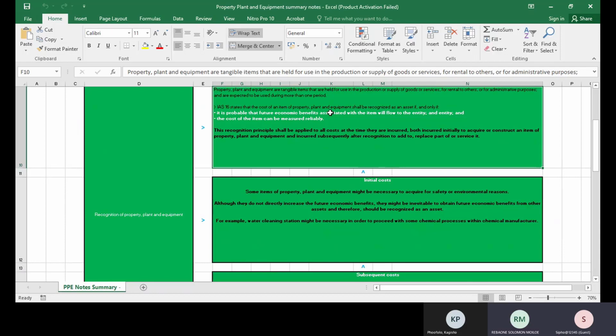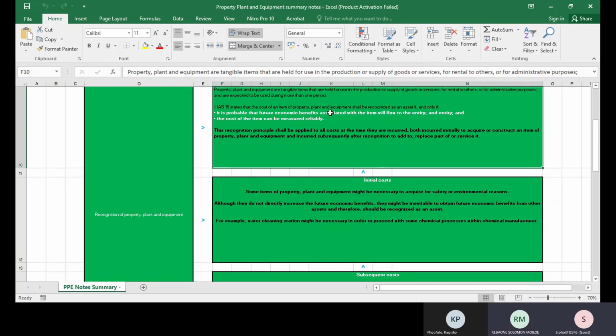You can buy yourself a motor vehicle with an intention of using it to deliver goods and services, or you can buy a truck with an intention of using it to deliver goods and services. You see? For rental to others, you can buy trucks and rent them out to others at a lease fee or something like that. Ne?